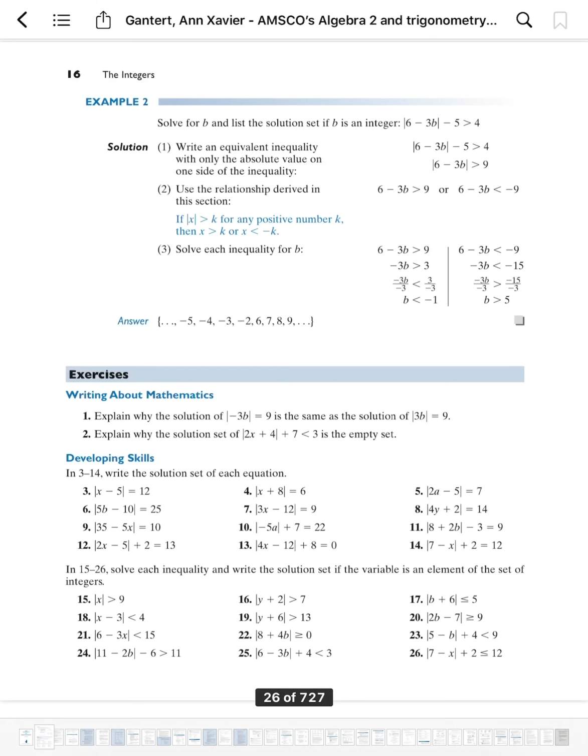Split up, so we have the negative version of 25 and a positive version of 25. 5b minus 10 is equal to negative 25. And a positive side, 5b minus 10 is equal to 25. And just work out the numbers.